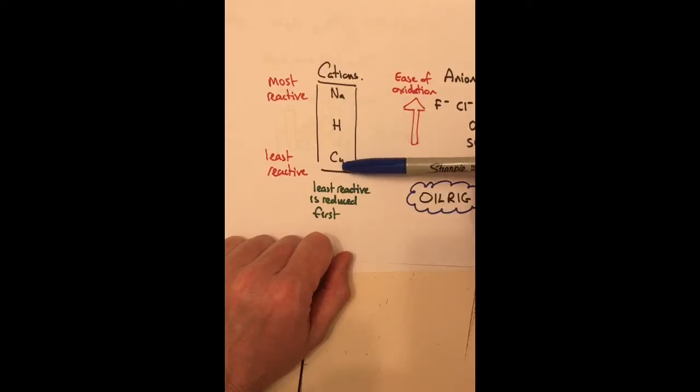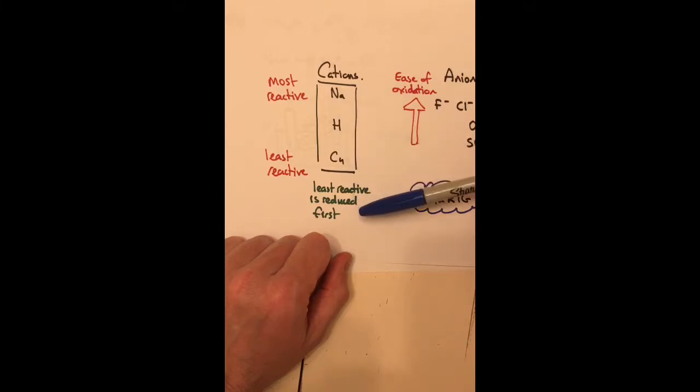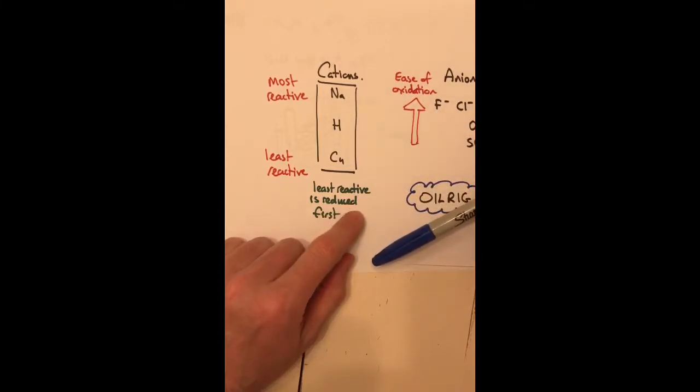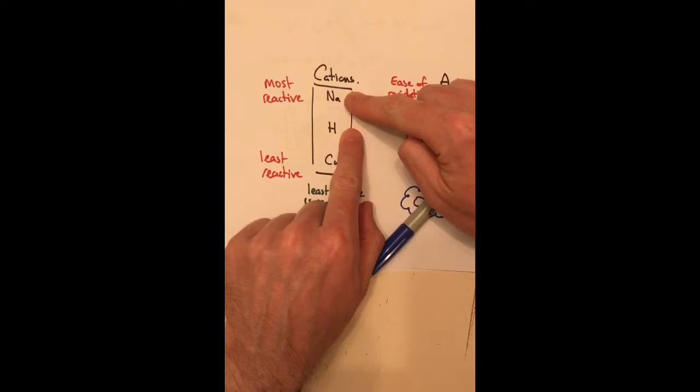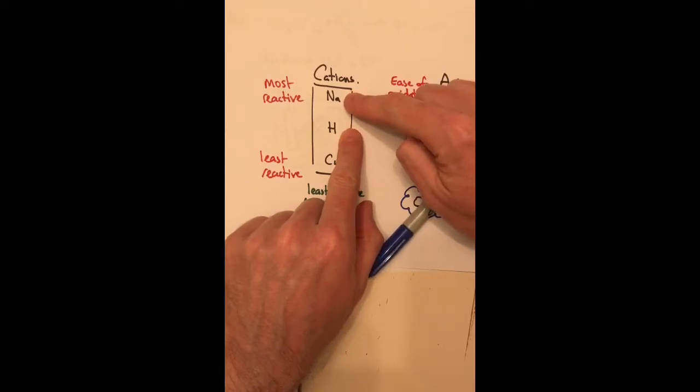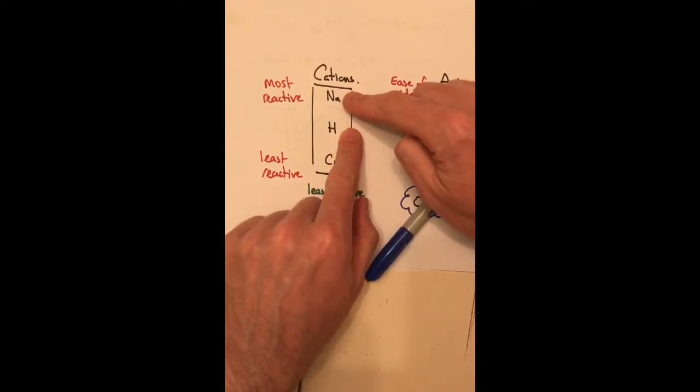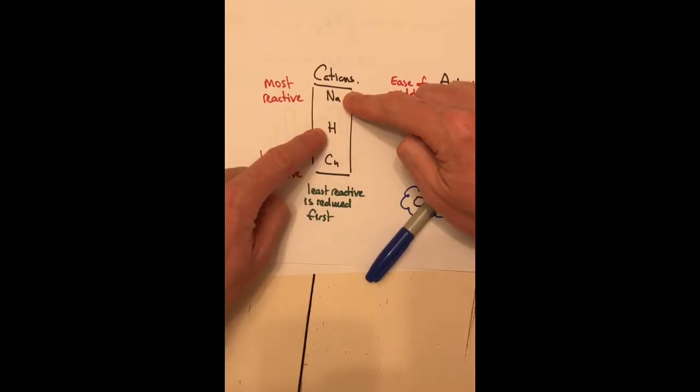So when they get to their electrode, what happens is the least reactive in this list is the one that is going to react or be reduced first. So for example, in our example today, these two here are arriving there. Sodium is the most reactive, therefore the hydrogen is the one to react or be reduced first.